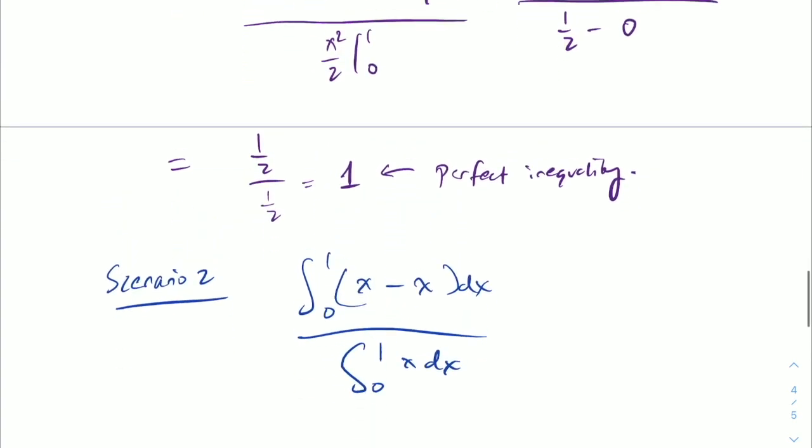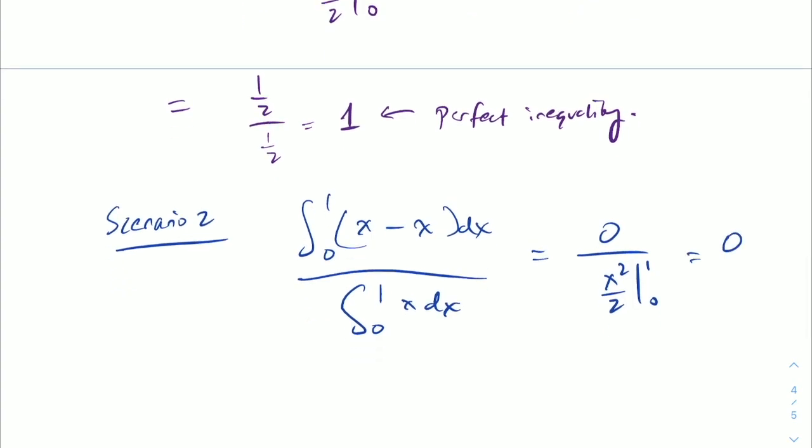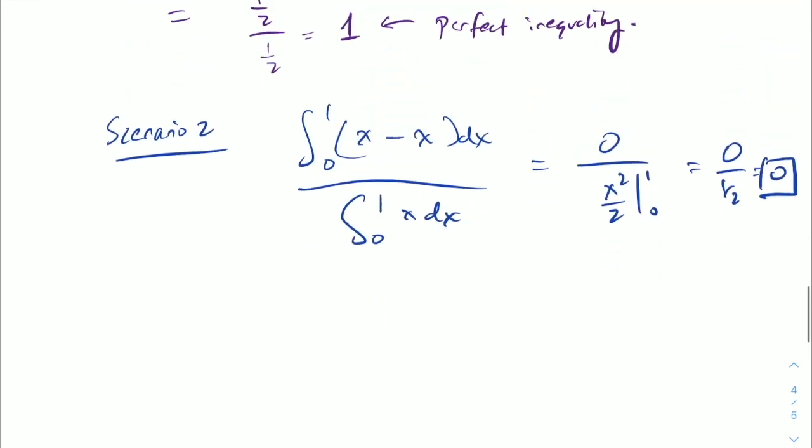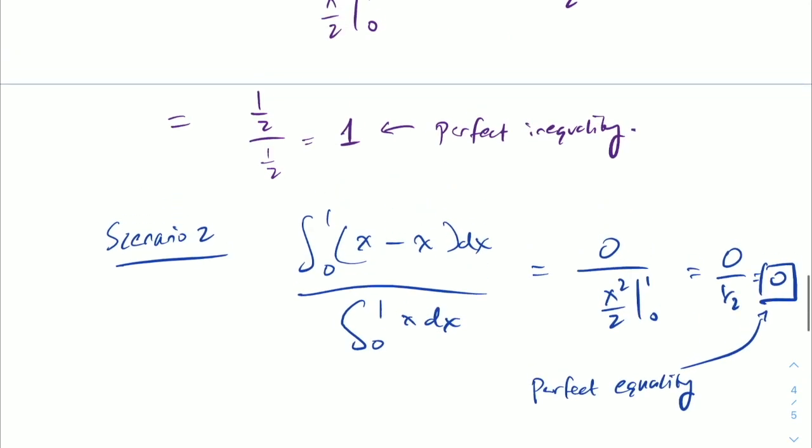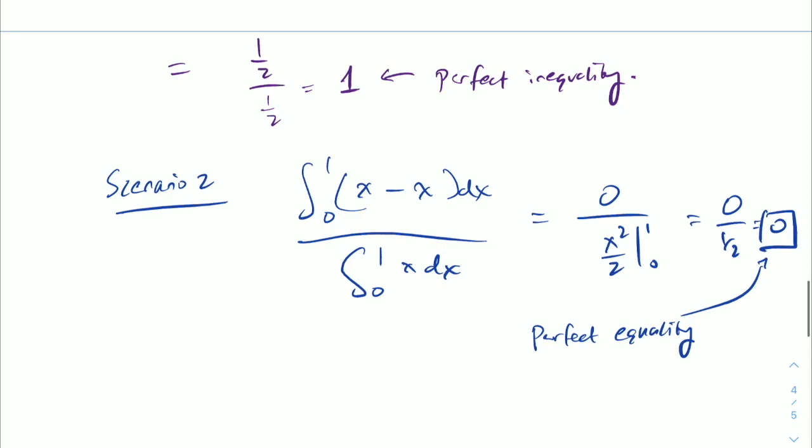All right, so x minus x is 0, so this numerator is 0. And the denominator is going to be x squared over 2. Put 1 and 0 into that, we'll get 0 over a half, which is still 0. So this number represents perfect equality. So perfect equality is 0 and perfect inequality is 1.